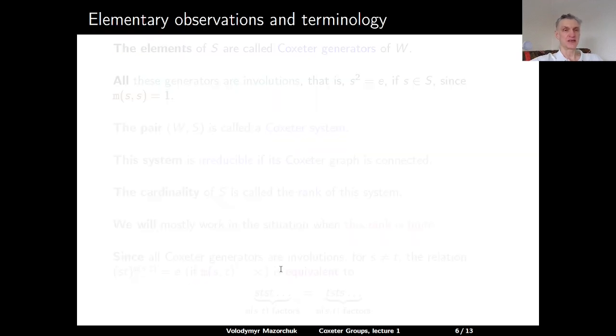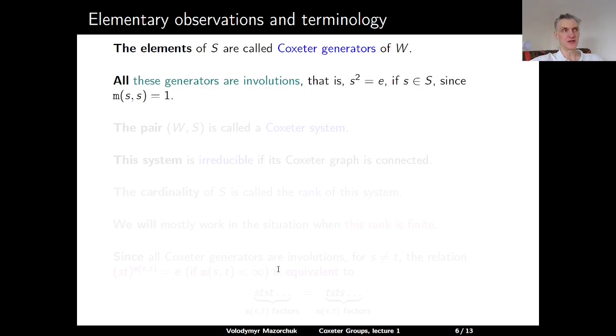So let's make some elementary observations and introduce some terminology. The elements of S are called Coxeter generators of our Coxeter group W. All these generators are involutions in the group, that is, s squared is equal to the identity for any s in S, and this is because we require that the value of M at s, s is equal to 1.